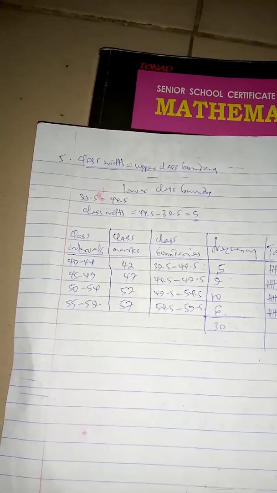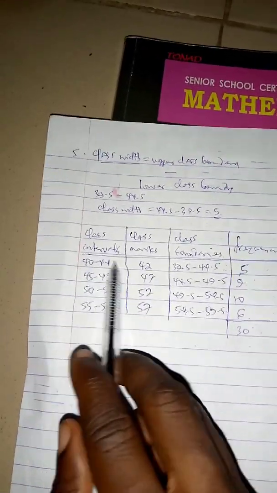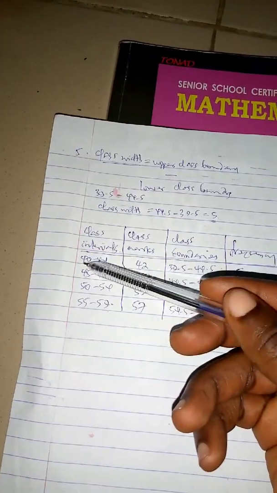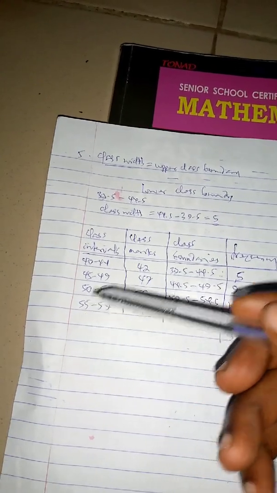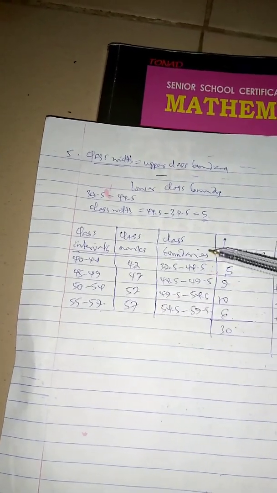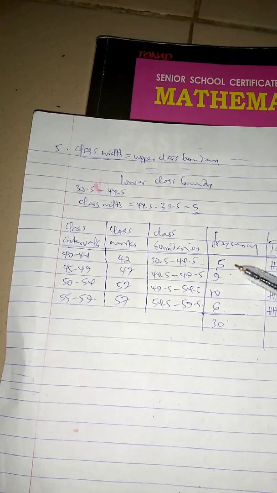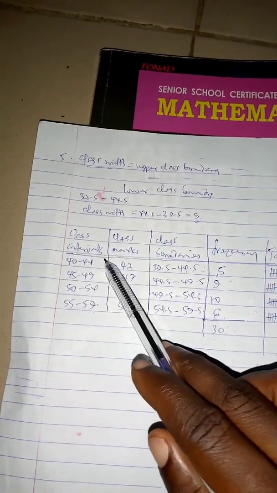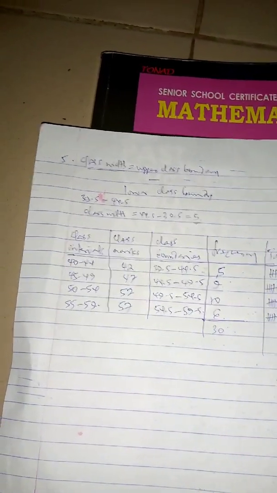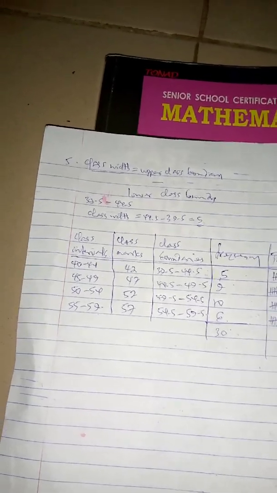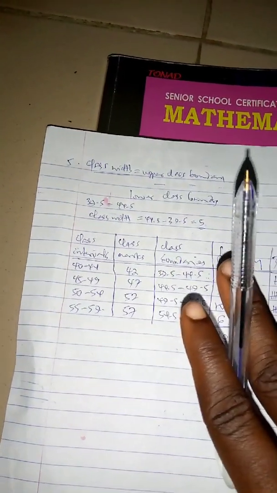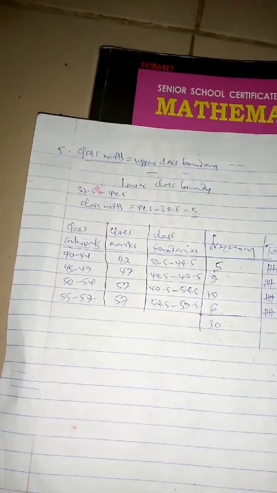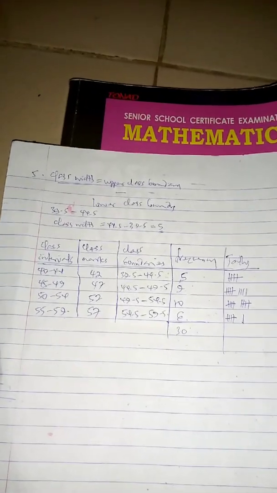The class boundaries, you extend by subtracting 0.5 from your lower class limits and adding 0.5 to your upper class limits. Then to get your frequency, if I say 40 to 44, you'll be looking for 40, 41, 42, 43, 44. And with this, you will form your frequency table for the group data.